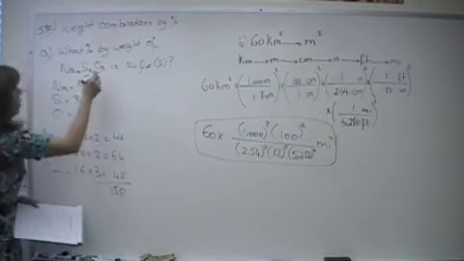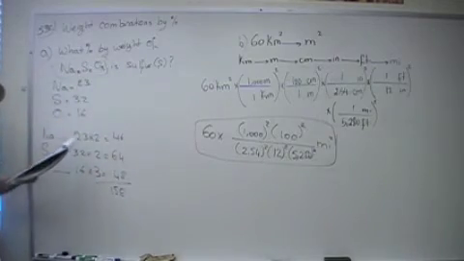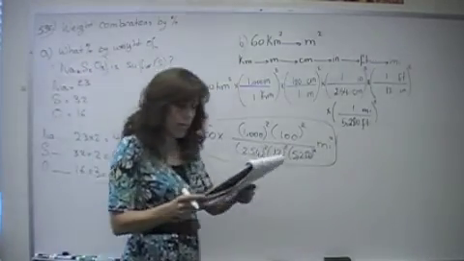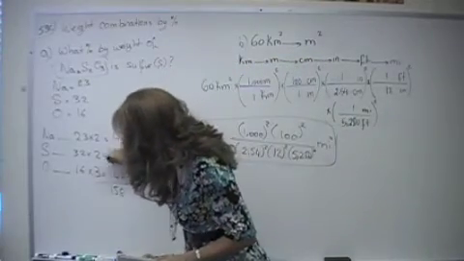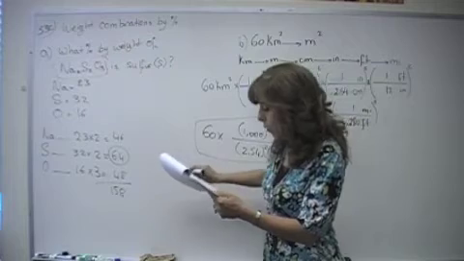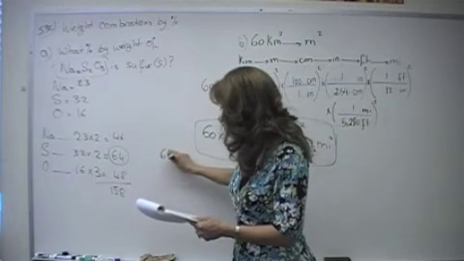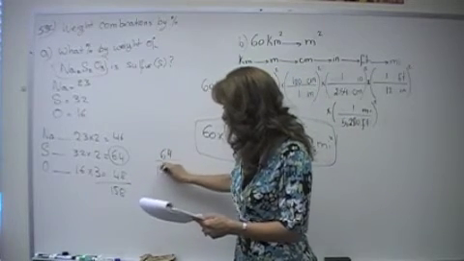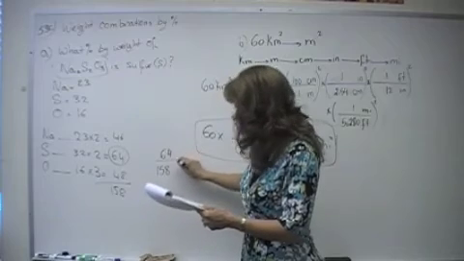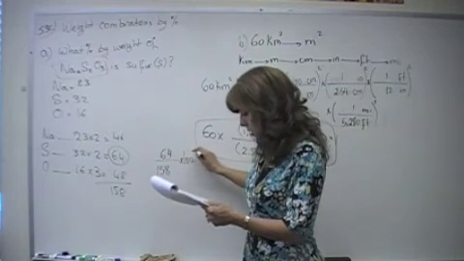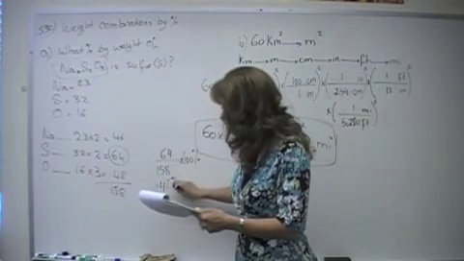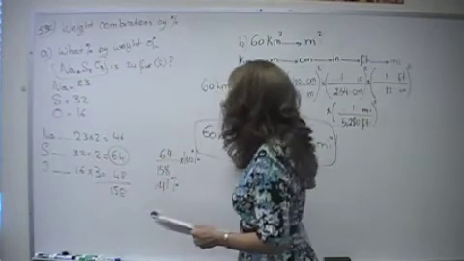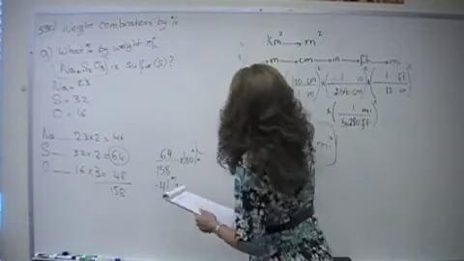This is the weight of this compound right here. I need the weight of sulfur, which is S. So I'm going to put now 64 divided by 158, the total weight, times 100%, and that would be 41% of the weight goes to the sulfur.